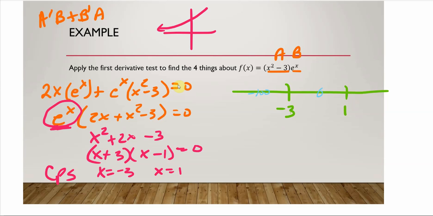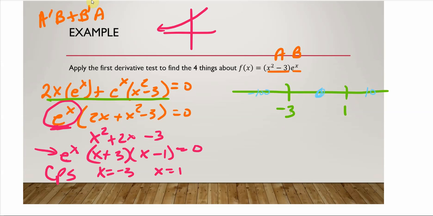And a number greater than 1, I'm going to plug in the number 10. It doesn't matter which one you pick. You can plug in 2, a billion, it doesn't matter. Now please, when you plug it into the derivative, don't plug it in here. It looks complicated. Plug it into the factored form. So I'm going to plug it into the factored form. Now e to the something is always positive.